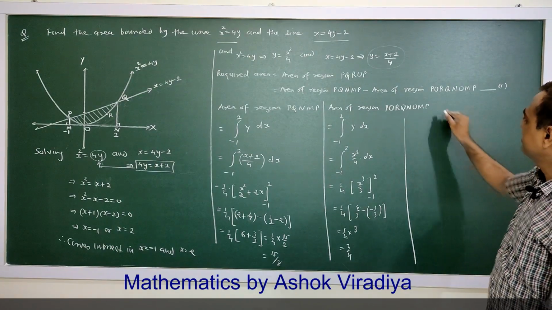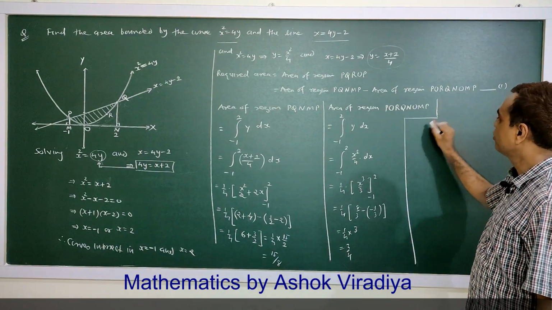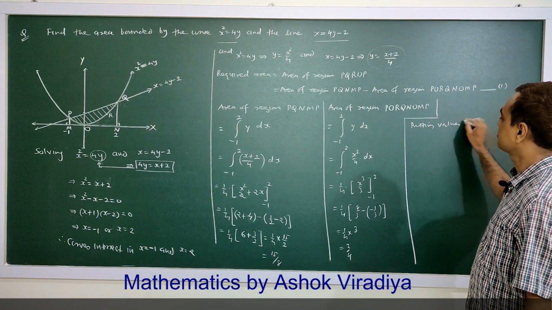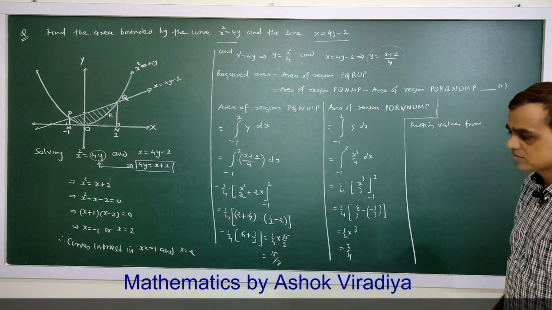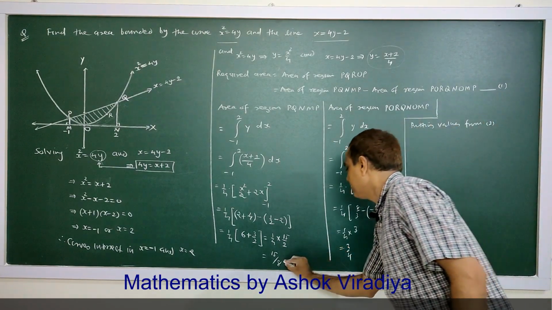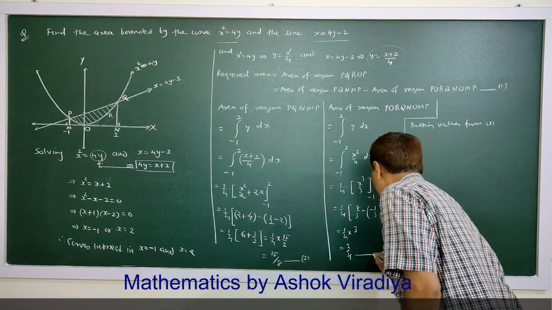Now we put these values in equation 1. We call this value number 2, this is value number 3.